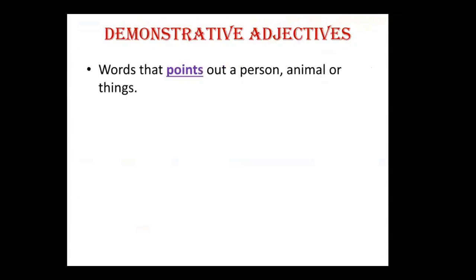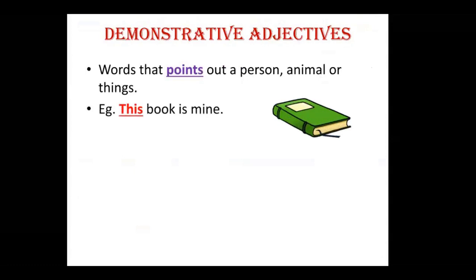It is demonstrative adjectives. Now, what are demonstrative adjectives? Words that point out a person, animal, or thing. Look at the words point out. It points out a person. I'll explain with an example. Look at the example below.